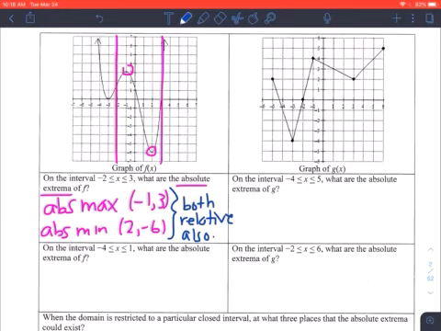All right, so now if we change our interval a little bit and we're going between -4 and +1, we want to see how that changes. So now we no longer have an absolute happening at this -1, 3. It's up here at the value -4, 4. I'll write this first. So absolute max is going to be at negative 4, 4, and we have an absolute min at 1, negative 3.